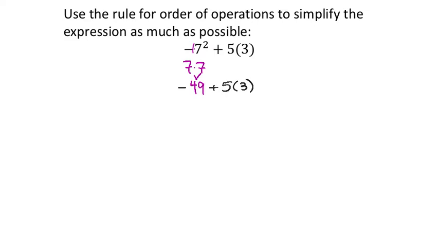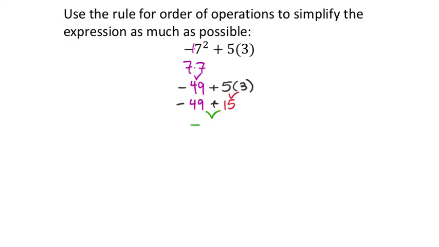That was exponent, so I go to multiplication or division from left to right. I have 5 times 3, which is 15. So now I have negative 49 plus 15. These are opposite signs. When I combine these, because I'm adding them together, and they're opposite signs, the 49 is bigger and it's negative, which means I will get a negative answer.